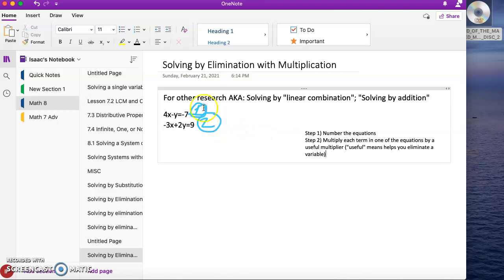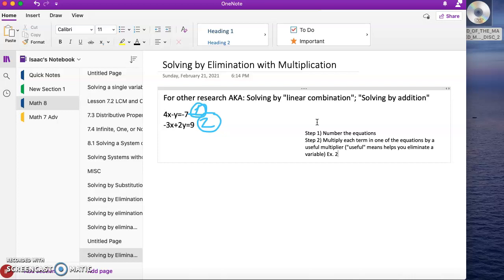So let's see, could I multiply 3 by something to get 4, or 2 by something to get y? Well, okay, I could, but it would have to be a fraction. There's something easier I can multiply by. If I multiply -y by 2, I'll get -2y, and if I add those together, it'll get rid of the y's. So next to step 2, write 'x2'.